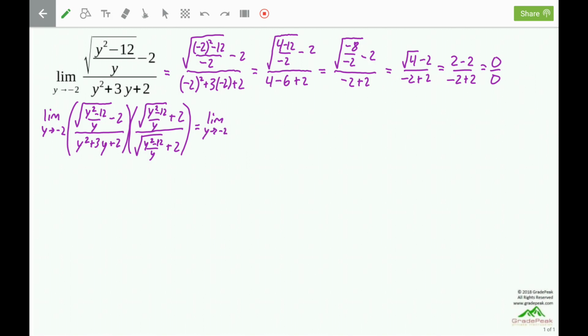We'll have the limit as y goes to negative 2. In the numerator, we have root conjugates. We will FOIL that out first. Root of y squared minus 12 over y times the root of y squared minus 12 over y will give us y squared minus 12 over y. Outside, root of y squared minus 12 over y times a positive 2.